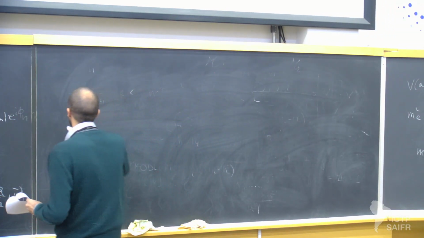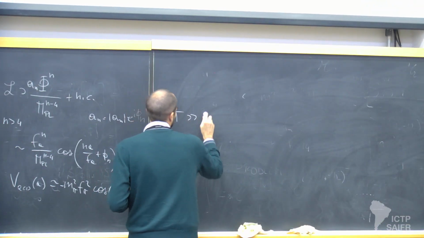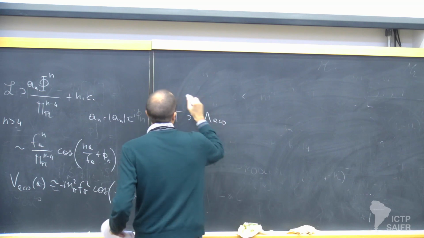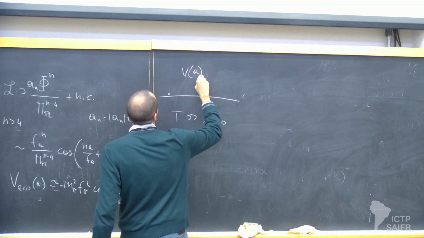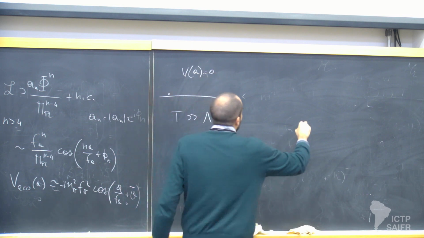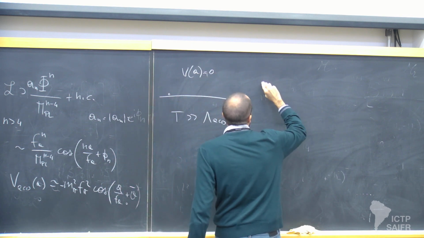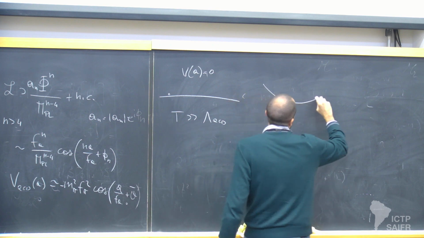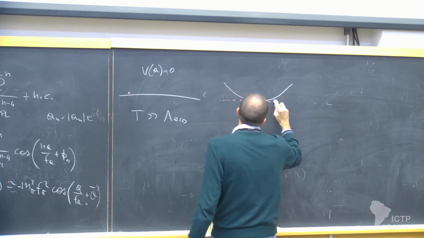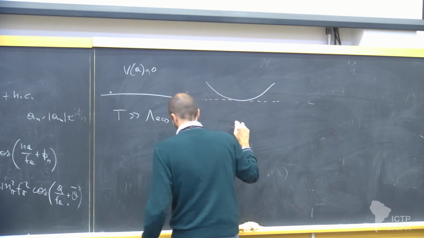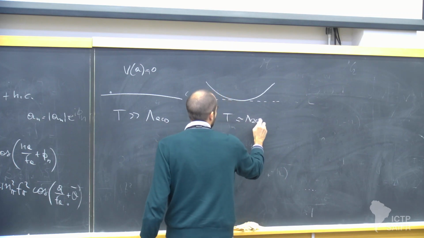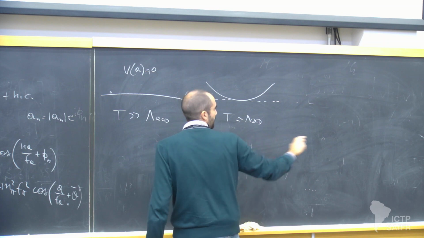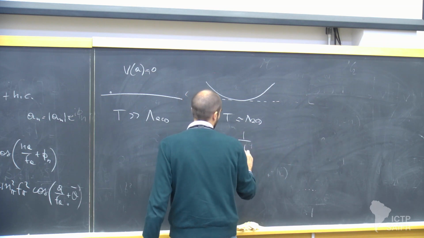So at very high temperatures, the axion has no potential. Then it starts turning on, say when the temperature is close to lambda QCD, like 1 over T to the 4th.